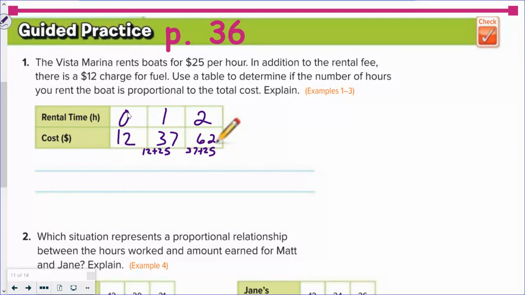So then we want to compare our ratios. 12 divided by 0, technically that is undefined. Then take 37 and divide that by 1. We get $37.